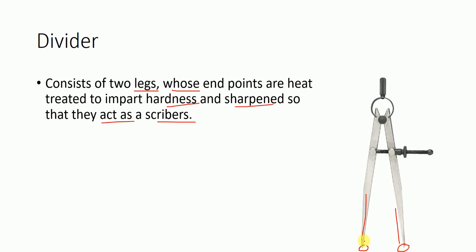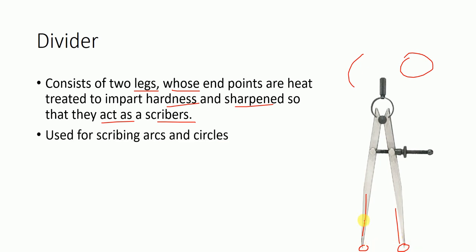These are generally used for scribing, marking arcs or circles of the measured dimensions on the surface of the object. So this divider is used for scribing arcs and circles.